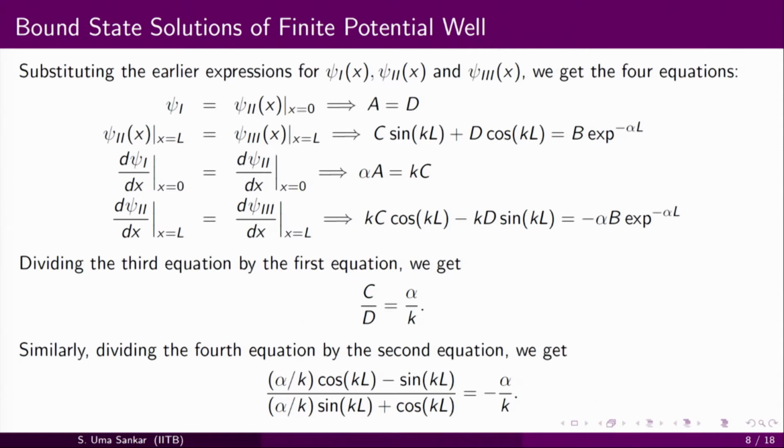So, we have these 4 equations, and in principle we can try to solve them to get A, B, C, D. Remember, there is also the normalization condition which we have to satisfy.